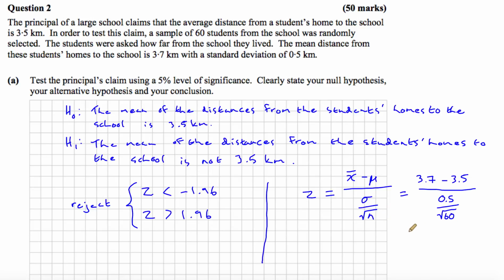So we're going to put all of that into the calculator, and when we do that, we find that we get a value of 3.1, and that's to 1 decimal place.